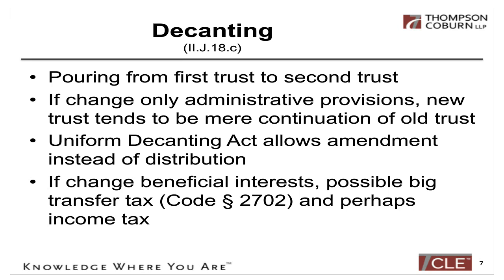So a lot of times what will happen is, suppose the trust said when the beneficiary reaches 35, they're going to get it outright. And when the beneficiary was 34, the trustee decanted into a trust where the beneficiary does not get an outright distribution.